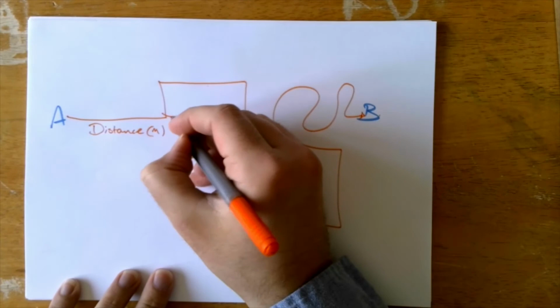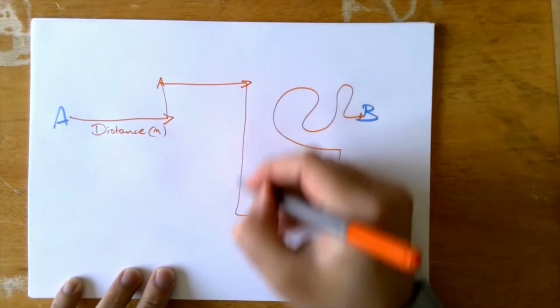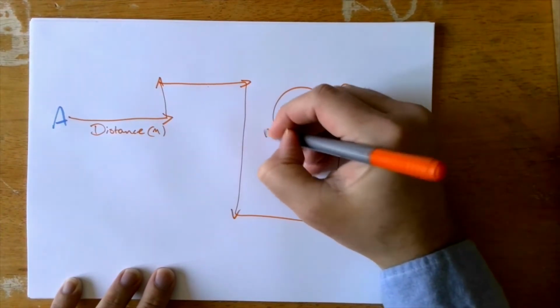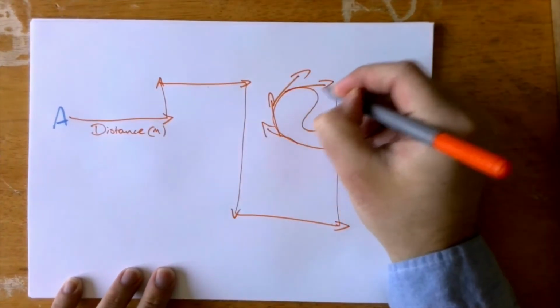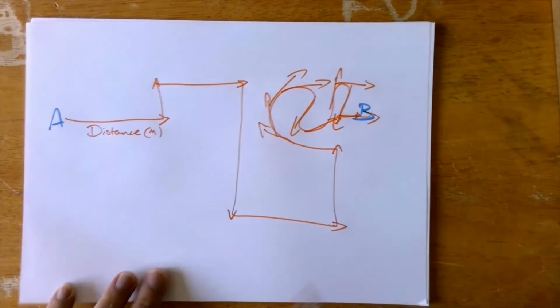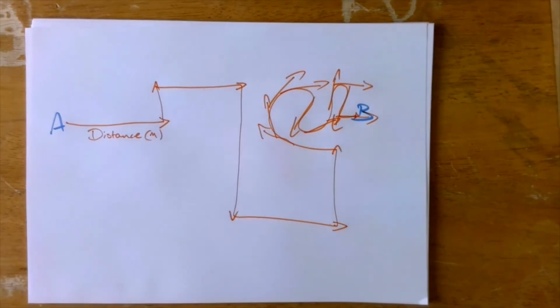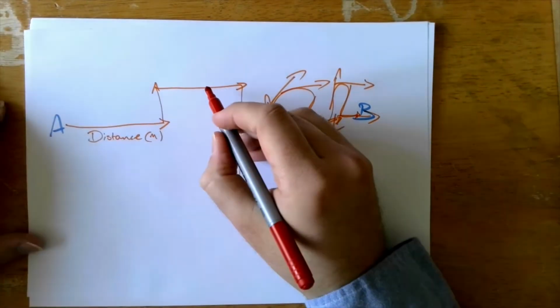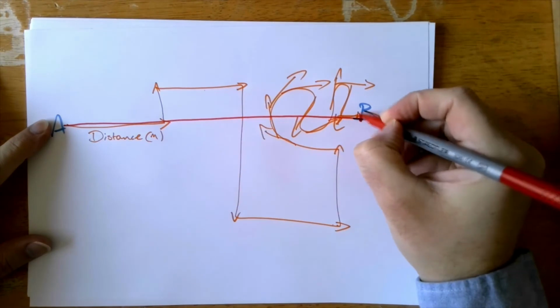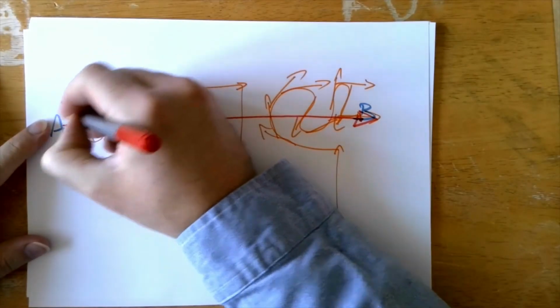But you see how the distance has got lots of changing directions. The direction has changed so much that there isn't one particular direction that we're going in. Displacement is slightly different. Displacement starts at A and ends at B in a straight line.